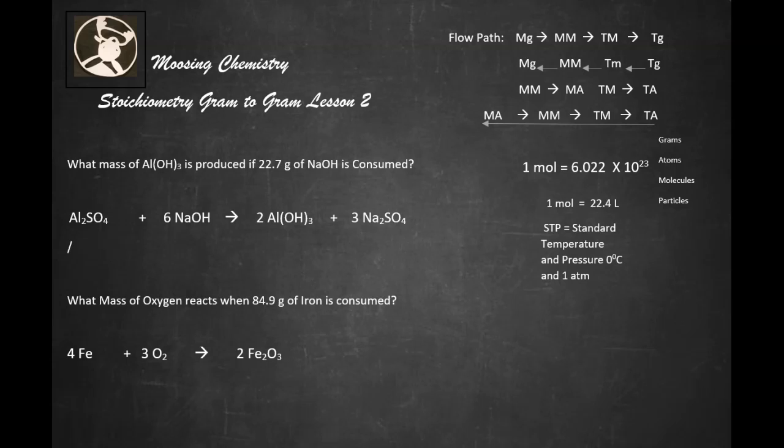So we have Al, we have one of those. We have 3 oxygens, and of course 3 hydrogens. So this is going to be 26.98. If you're wondering where I get these numbers from, I'm getting them from the periodic table.